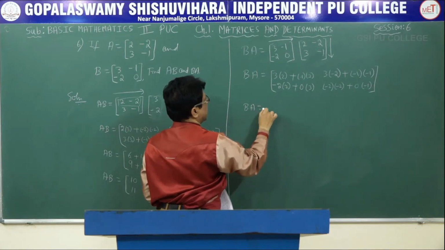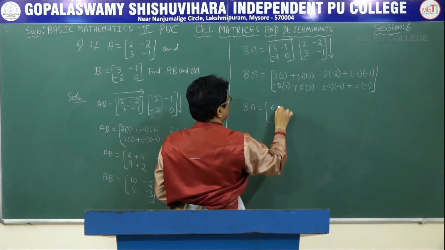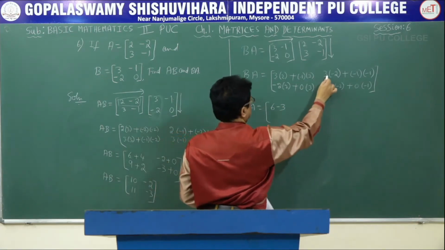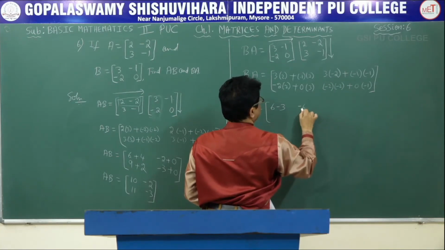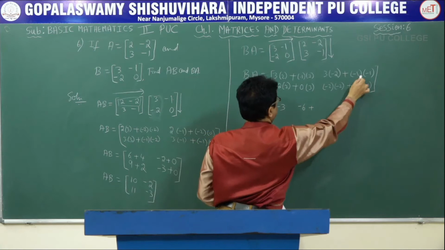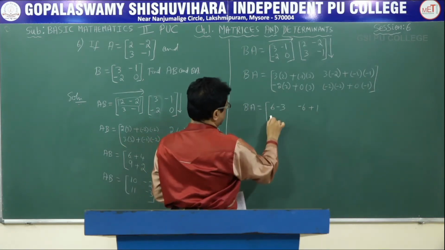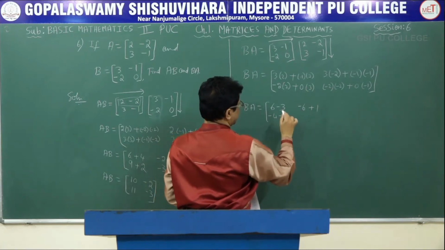So BA is equal to, so 3 2s are 6, minus 1 into 3 is minus 3. 3 into minus 2 is minus 6 plus minus 1 into minus 1 is 1. Minus 2 into 2 is minus 4 plus 0 into 3 is 0.